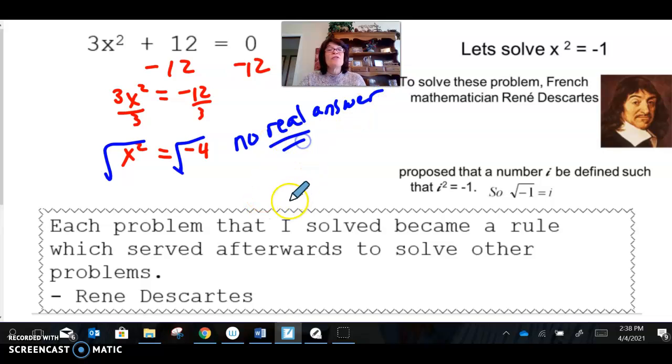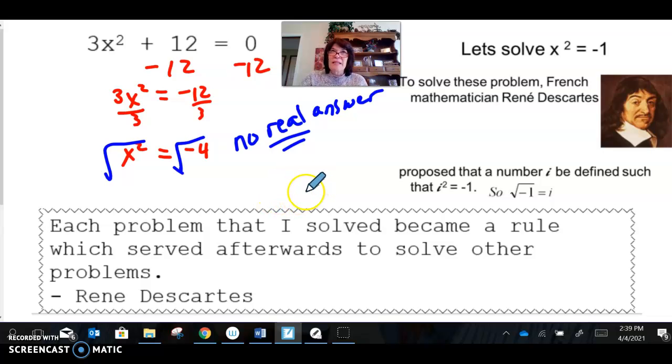Okay, and that's true. There's no real answer, but there is an imaginary answer. A number that René Descartes, a French mathematician, came up with so that we wouldn't have to stop anymore at solving these problems. Okay, we could keep going.